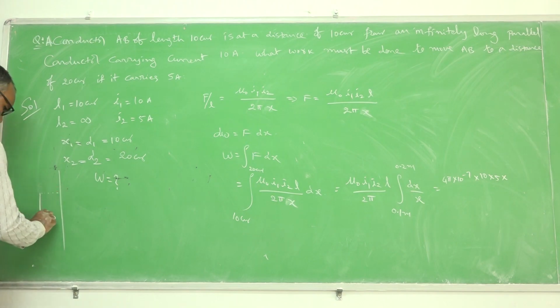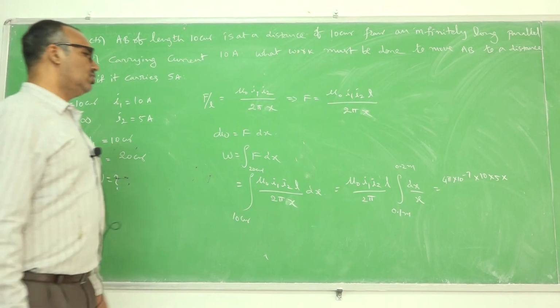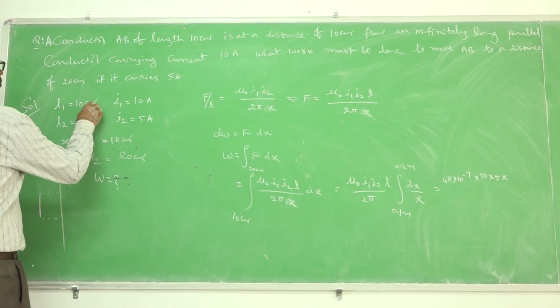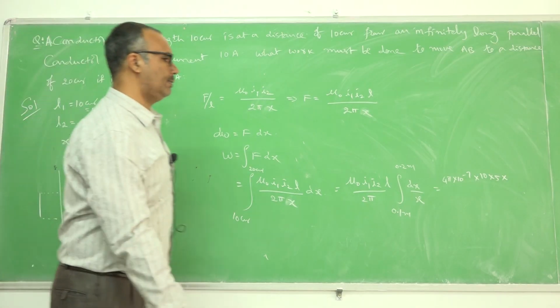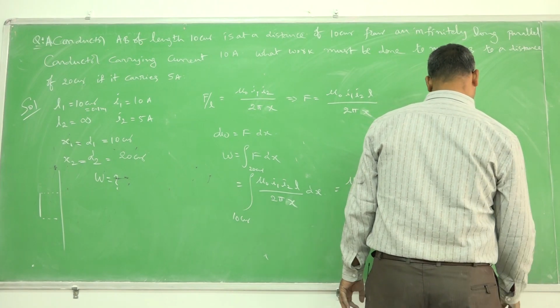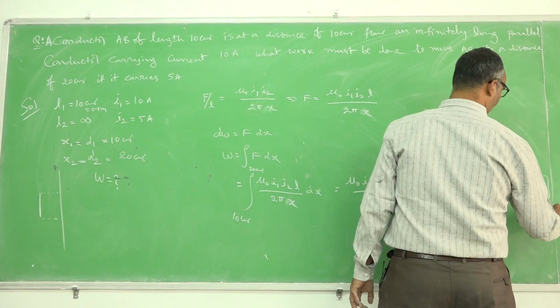But we are considering only the portion of the second conductor which is exerting the force, which is equal to the first conductor. So that is 10 centimeters, which means 0.1 meters. 0.1 by 2 pi. Integral dx by x is log x to the base e, from 0.1 to 0.2.